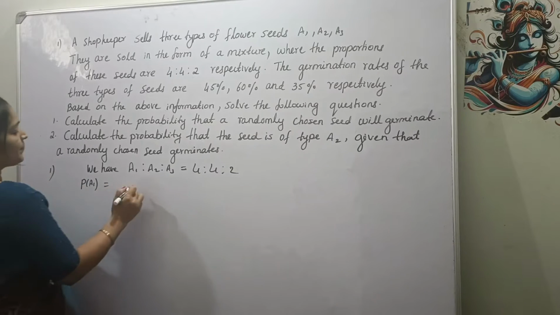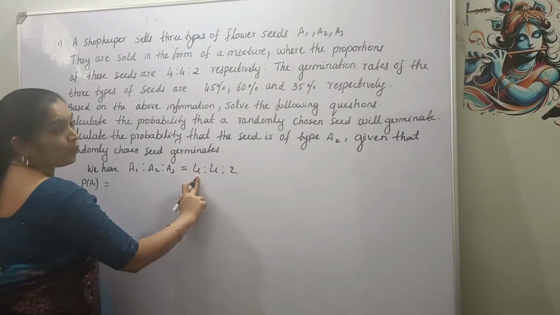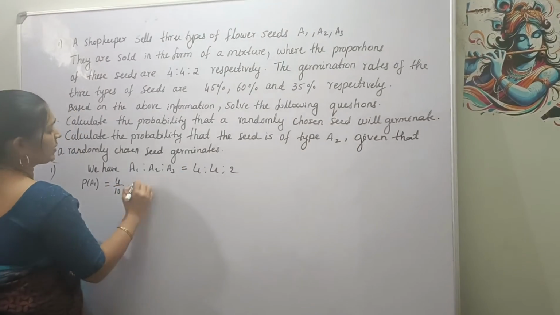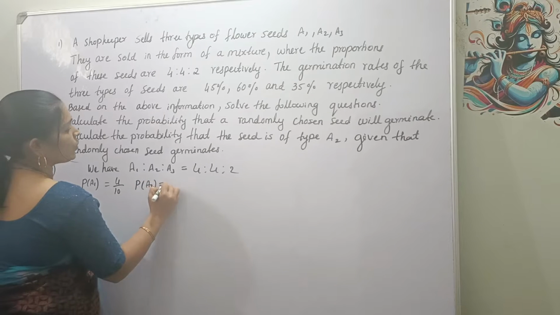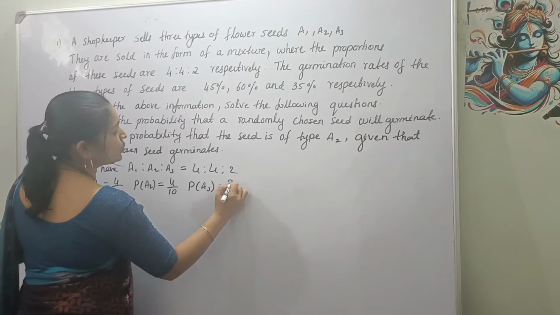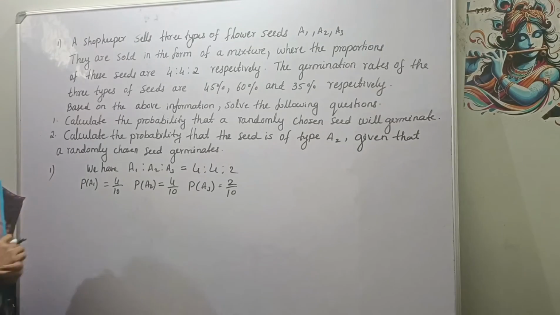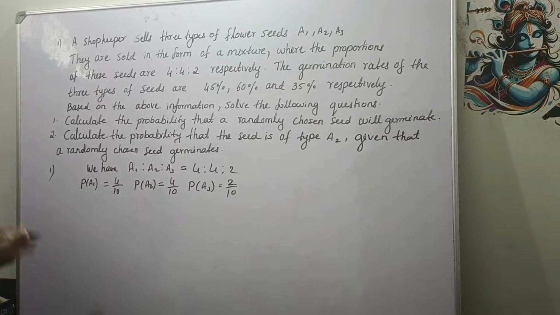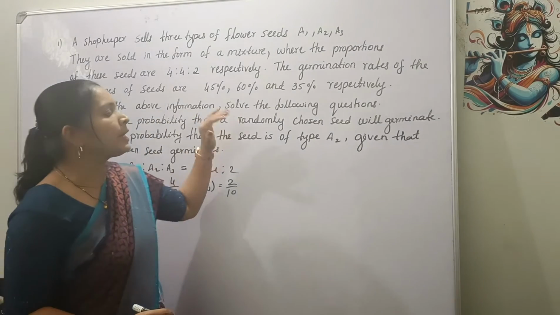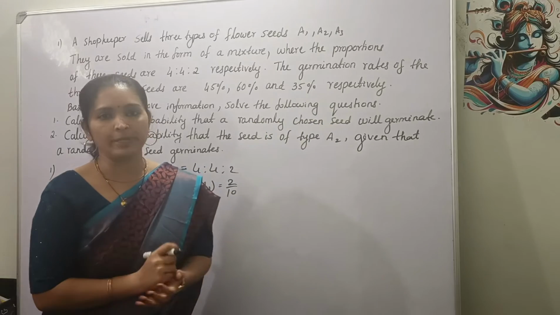Probability of A1 is 4 out of 10, right? Probability of A2 is equal to 4 out of 10 and probability of A3 is equal to 2 out of 10. Right? Now here, what we have to find? We have to find the probability that a randomly chosen seed will germinate.